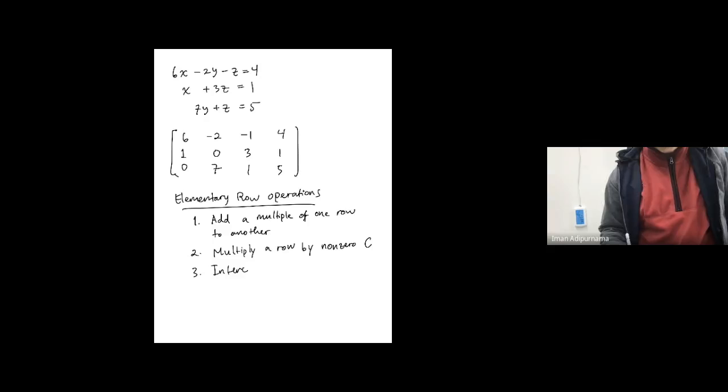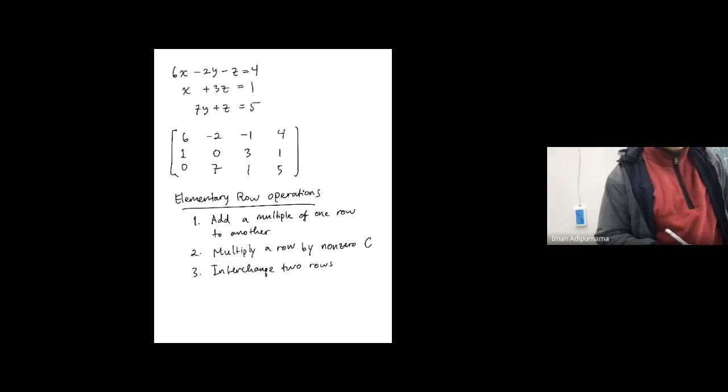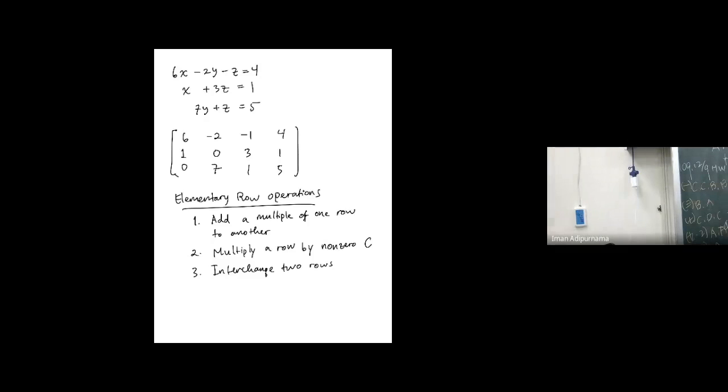And you can interchange rows. So you can move this down here, move up. The idea is you can multiply with anything here. For example, you see 1, 0, 3, 1, you have 0 here, and the other one 0, 7, 1.